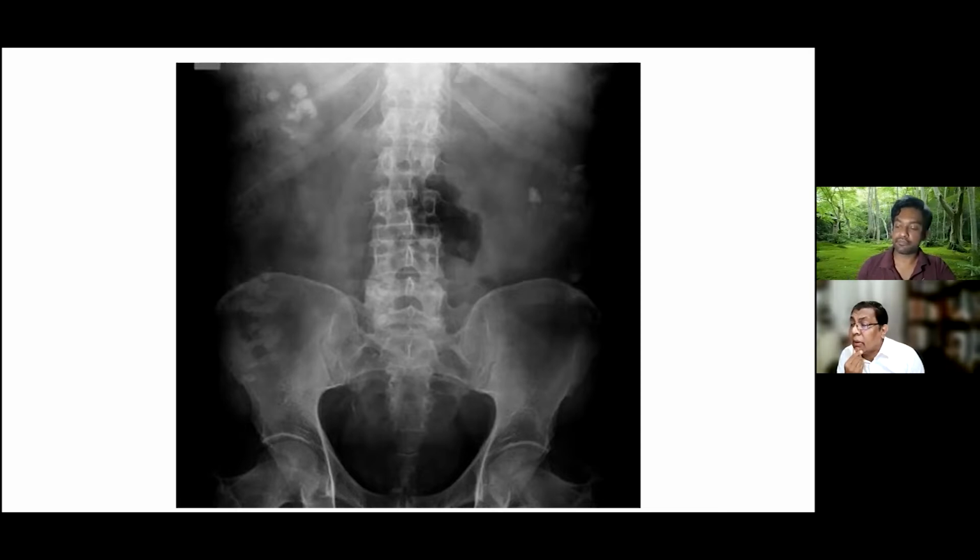Okay, what evidence is available to determine the best treatment between shockwave and PNL, that is percutaneous nephrolithotomy, for this type of a stone in the lower pole? There are two studies which have compared the effectiveness of ESWL versus percutaneous nephrolithotomy and percutaneous nephrolithotomy versus retrograde intrarenal surgery, named lower pole study 1 and lower pole study 2.